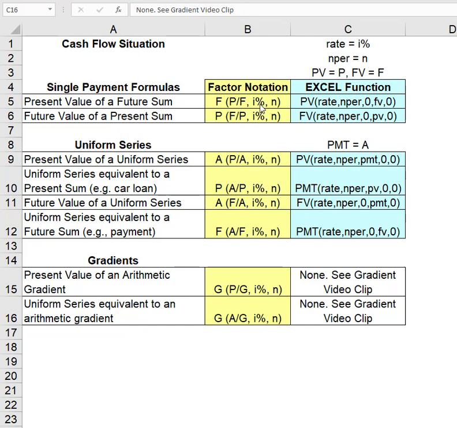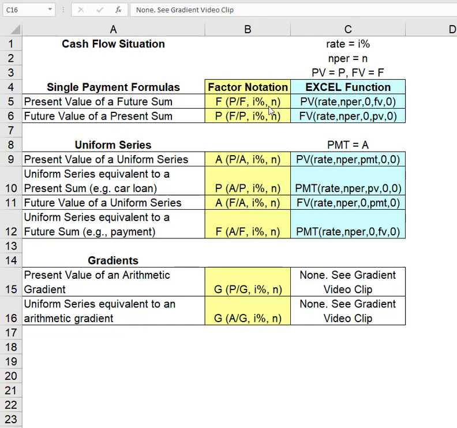And then i% is the periodic interest rate. The period could be annual, or it could be monthly, 12 periods per year, or quarterly, 4 periods per year. It could be something other than those as well. N is the number of compounding periods. So if you're doing monthly compounding for a year, N would be 12.